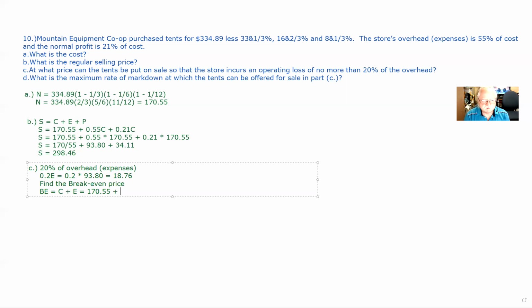And we know the expenses, which was 93.80. So what would that be? 170.55 plus 93.80, 264.35. So this would be the break-even price.